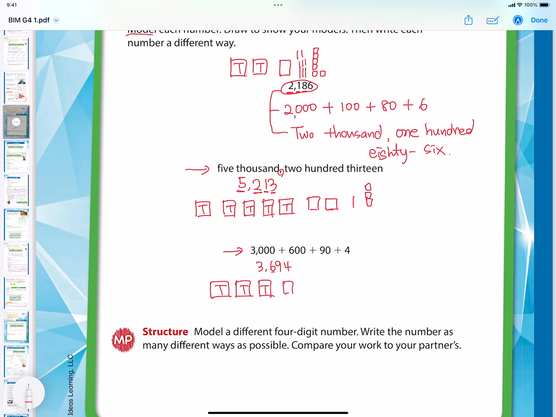Yes, 6. 1, 2, 3, 4, 5, 6. How many tens? 9 tens. 1, 2, 3, 4, 5, 6, 7, 8, 9. And how many ones? Yes, 4 ones. 1, 2, 3, 4. This should be smaller than hundreds or thousands.